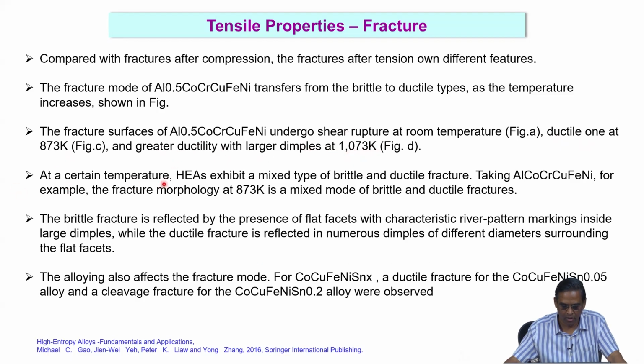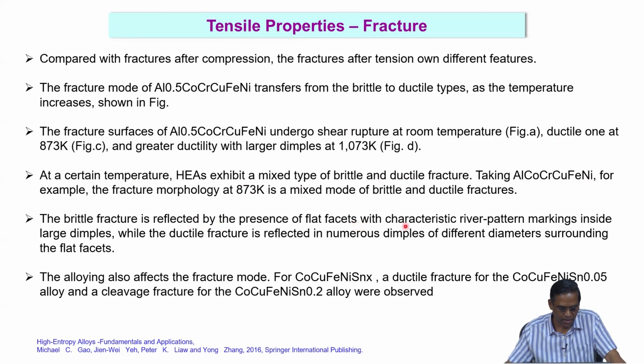We have seen that elongated dimples also. At a certain temperature, high entropy alloys exhibit a mixed type of brittle and ductile fracture. For example, taking aluminum, cobalt, chromium, copper, iron, nickel, the fracture morphology at 873 is a mixed mode of brittle to ductile fractures.